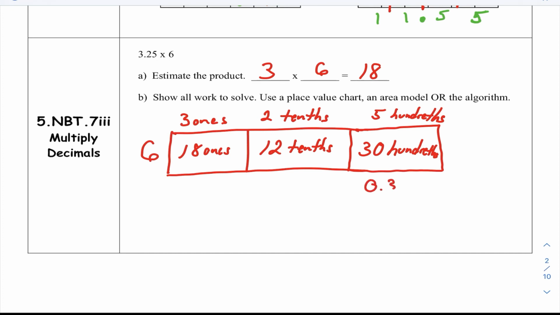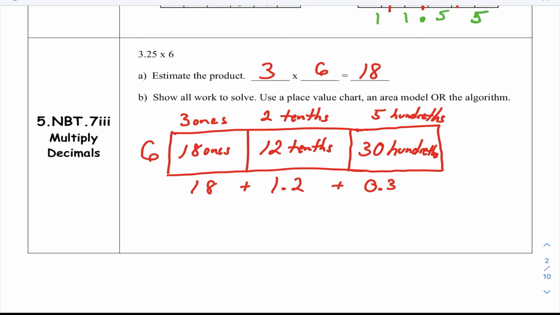Now, 12 tenths. I know 10 tenths make 1 whole. So 10 of those are going to make a 1, and I would have 2 tenths remaining, so 1 and 2 tenths. 18 ones, I know 10 ones make a 10, and then 8 ones would be remaining, so 18.